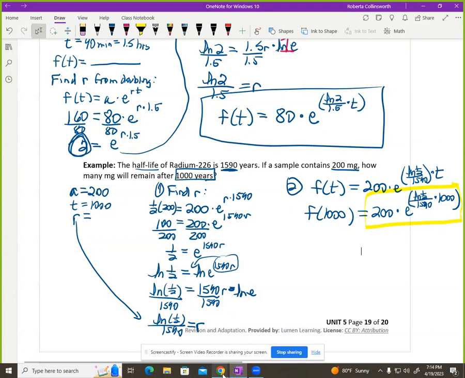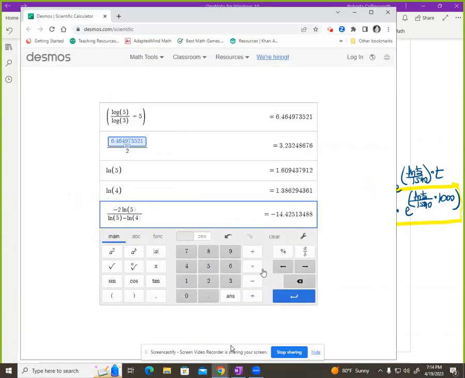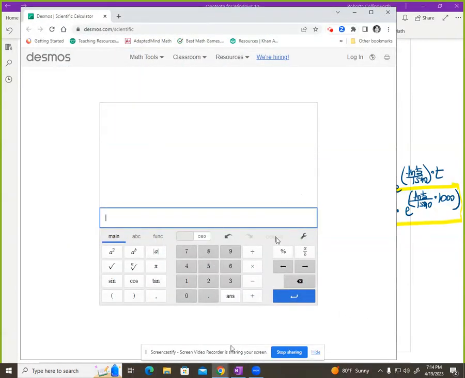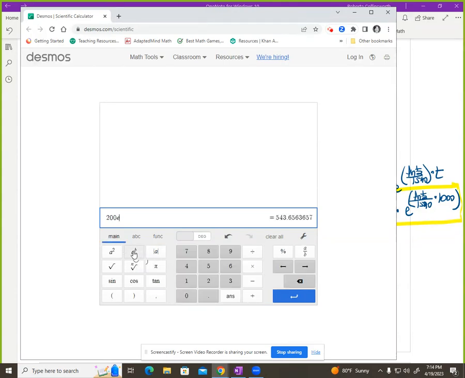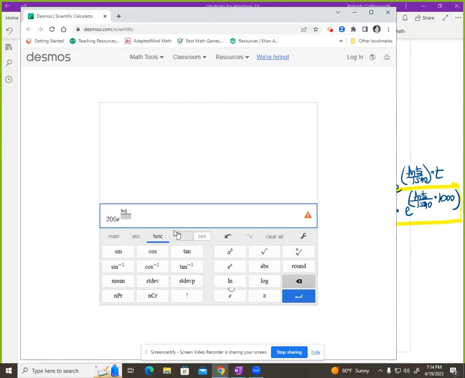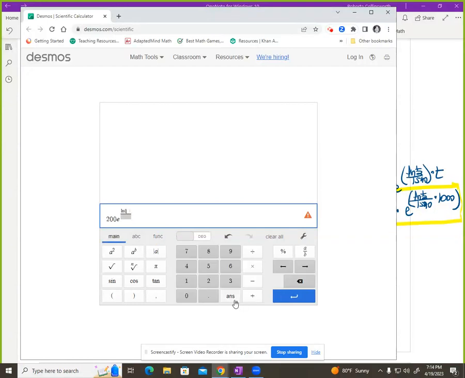So let's plug this into the calculator. I'm going to plug in 200 times e raised to the ln of 1/2. I'm going to use 0.5 for 1/2.